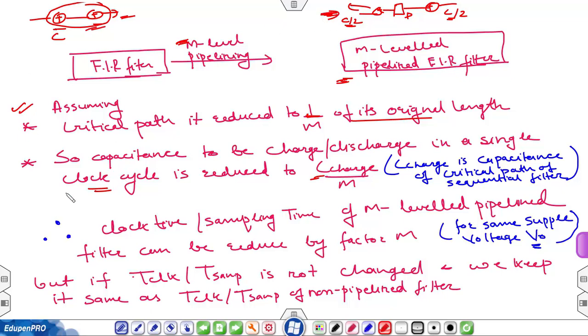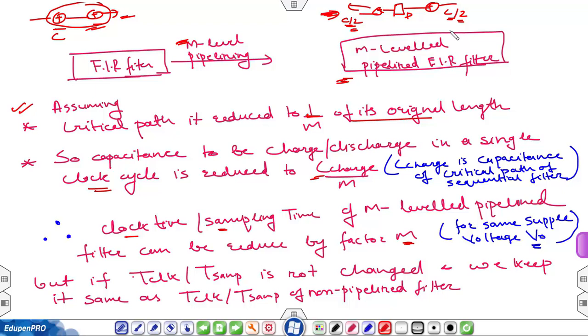Okay, so the clock time, or you can say the sampling time, of the M level pipeline system can be reduced by a factor M. Since the capacitance of the critical path is reduced, it will get charged and discharged quickly.